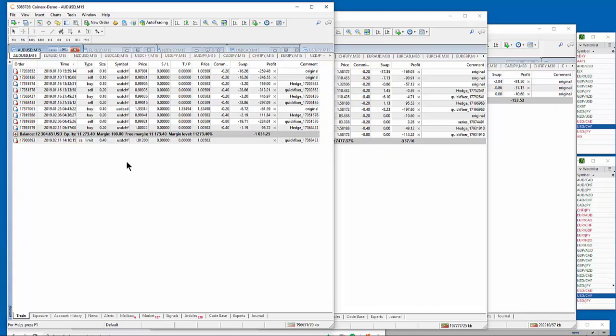And right now, because of the situation fundamentally, I don't think it's safe to trade some of those other pairs right now, because they could have some moves that could throw the EA into maybe a really bad situation.